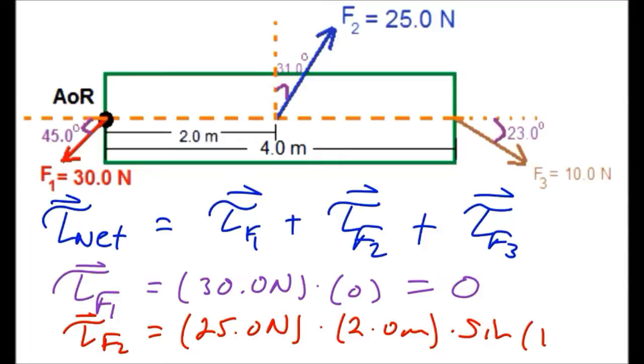All right, so they said it was 121. Now remember, this right here is 90 degrees, right? And we need the angle between this force vector and the lever arm. So we need that 90 plus that 31 to get a total of 121 degrees. Does that make sense to everybody?